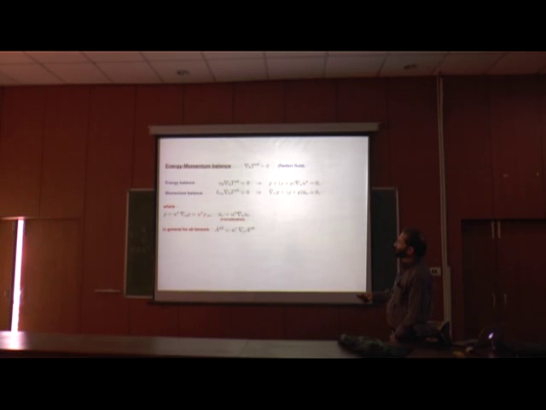And this is the four acceleration. You take the covariant derivative and you contract it with U. In general, for all tensors, if you see a dot, it means that you take the covariant derivative and contract it with the four velocity.